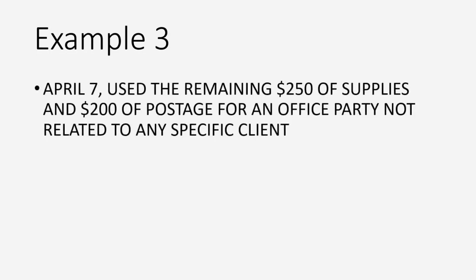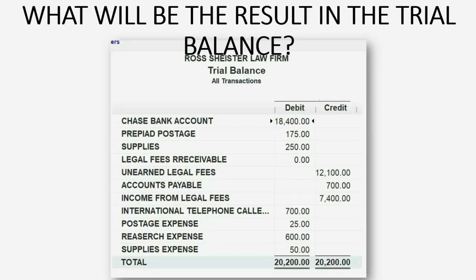Now let's close this out by using the remaining supplies and postage. Let's imagine also on April 7th, we used $250 of supplies and $200 of postage for an office party not related to any specific client. And what will happen after these two transactions?